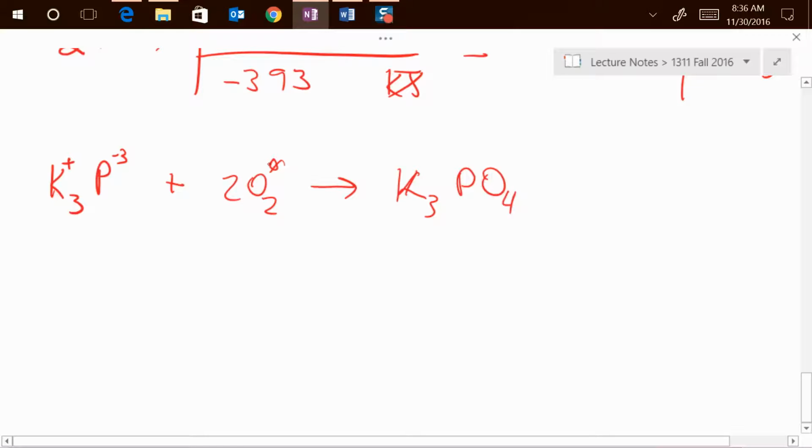Potassium is +1, phosphorus is -3. On the other side, it's also ionic. We have a polyatomic ion, PO4, and a K3. So potassium stayed the same. It's at +1. It's not part of the oxidation reduction reaction. Potassium is a spectator ion. It's not doing anything. Okay?